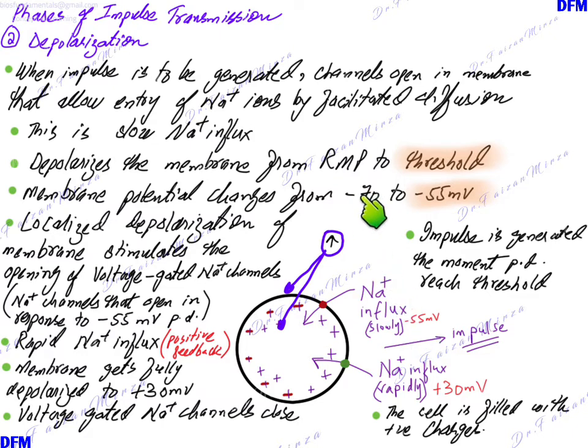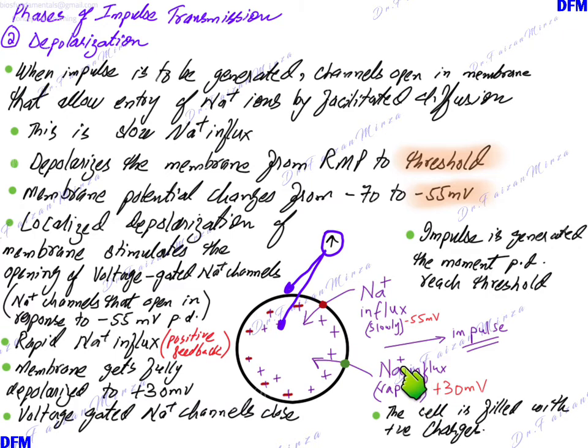For example, if the membrane was at minus 70 millivolts, the voltage gated sodium channels will be closed, because the voltage gated channel specific for sodium opens at minus 55 millivolts only. So this much depolarization must already have occurred to open voltage gated sodium channels. The moment they open, sodium rapidly moves into the cell, depolarizing the membrane to a full value of plus 30 millivolts.